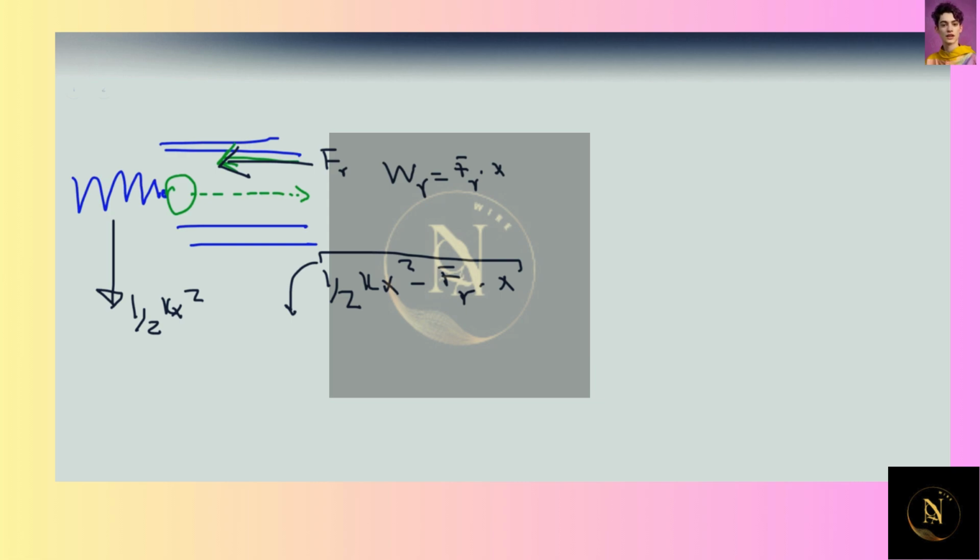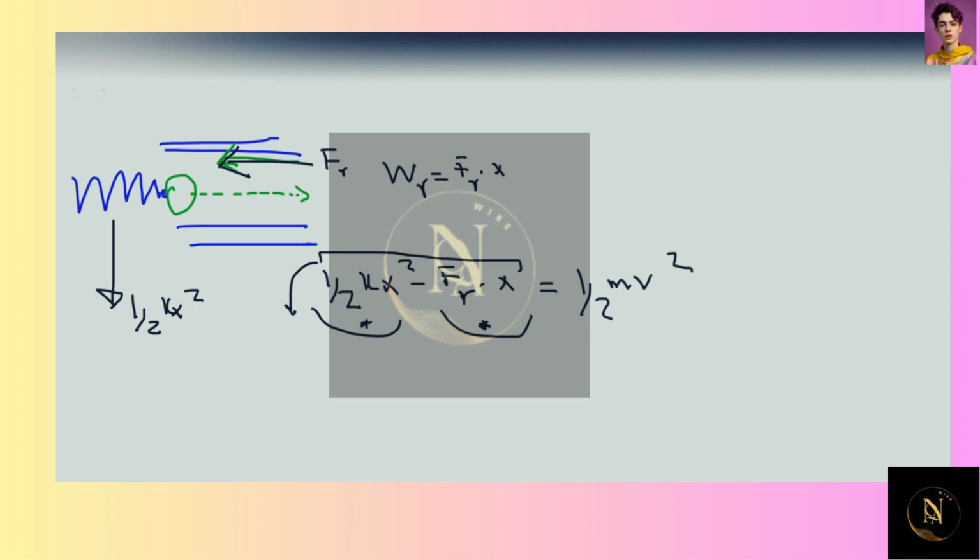The spring exerts an energy on the ball equivalent to 1/2 kx squared, and then the force exerts an opposite energy on the ball, which is equal to Frx. So this is energy due to the spring, and this is energy due to the force, and that should equal the kinetic energy of the ball itself, 1/2 mv squared.